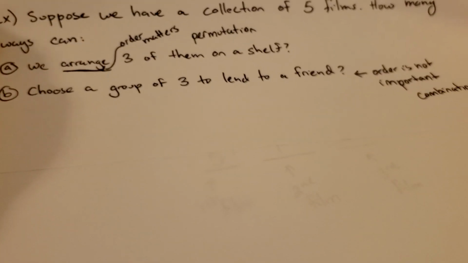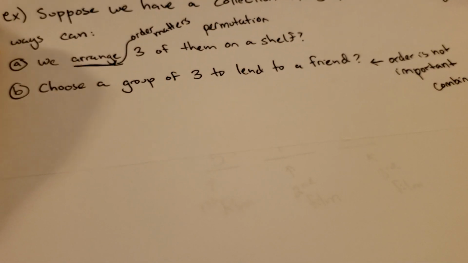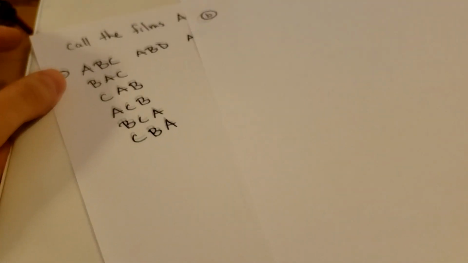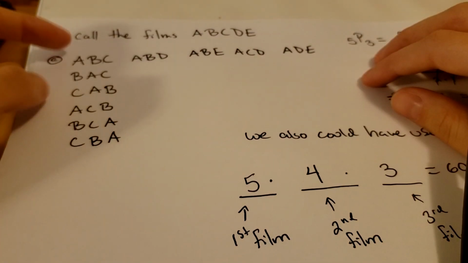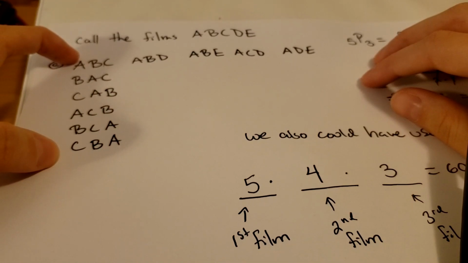Let's go back to part B of this problem. We want to see how many ways we can choose a group of 3 movies to lend to a friend. So here we don't care about the order. If we just care about the group of movies that we're choosing, we can look at the work that we did over here. And so if we were to write these out, in a permutation, all of these are different, distinct groupings because we care about the order of them.